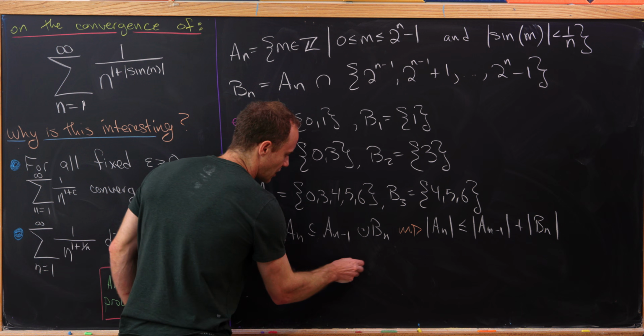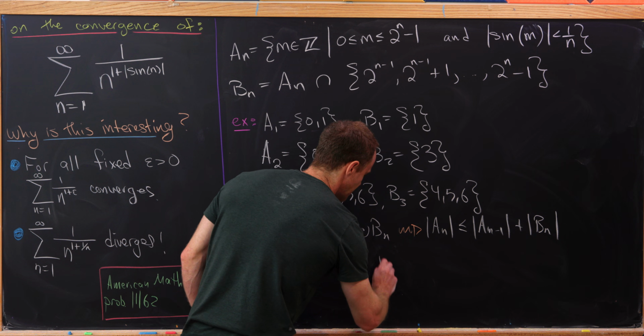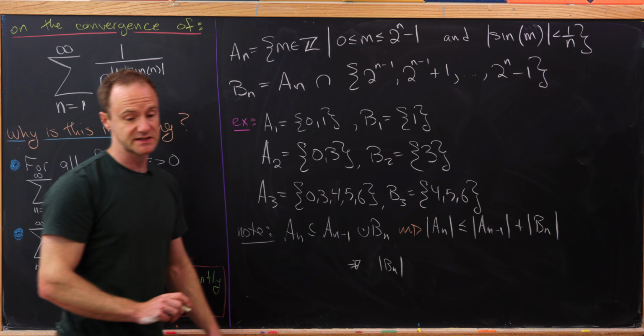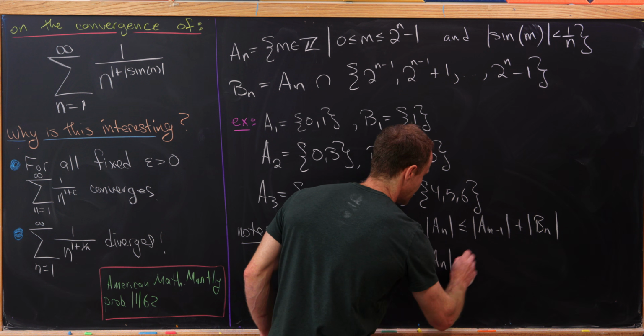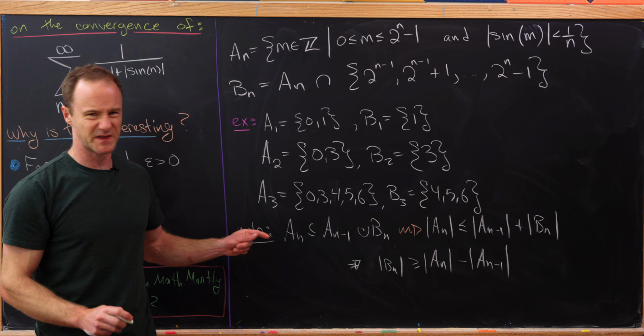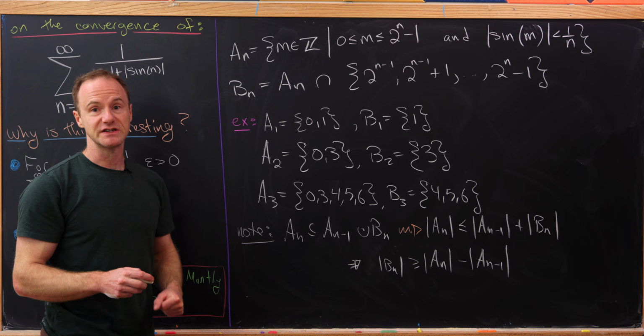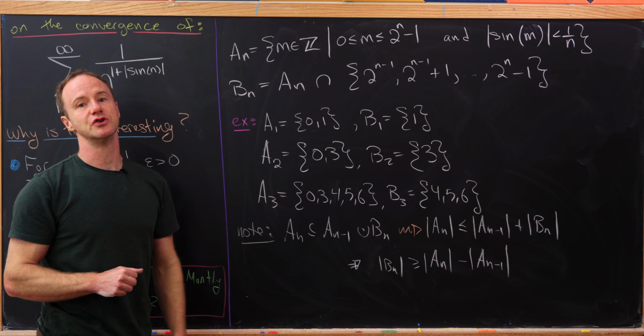Okay, but then we can solve for b sub n, and we'll see that in fact the cardinality of b sub n is bigger than or equal to the cardinality of a sub n minus the cardinality of a sub n minus 1. So we've got this nice result having to do with the size of these sets. Now let's see what we can do with that.